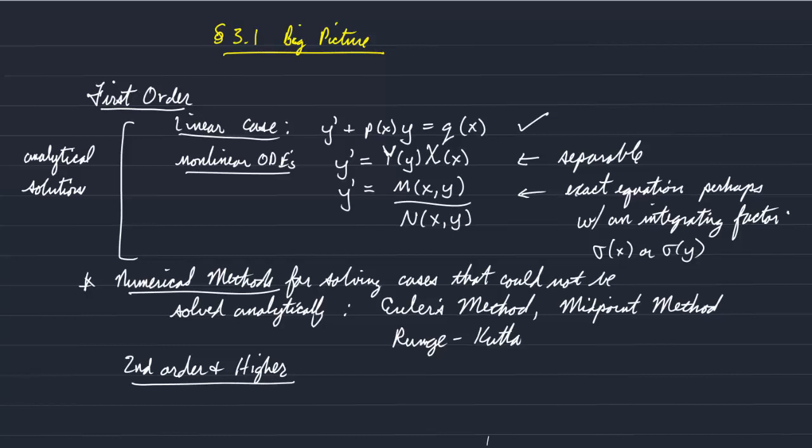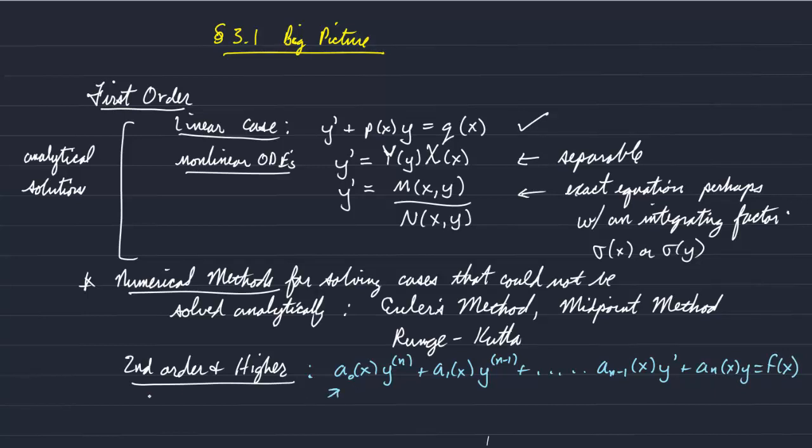And those have a general form of, for example, some function of x, a sub 0 of x, times the nth derivative of y, plus another function a sub 1 of x times the (n minus 1)th derivative of y, all the way down to a sub n minus 1 of x times the first derivative of y, plus a sub n of x times y, is equal to some function of x. So this is a general nth order ODE.